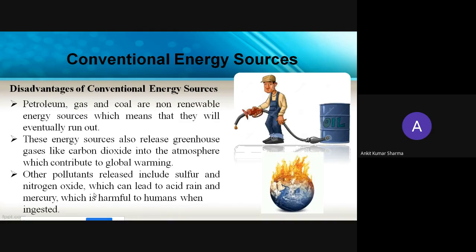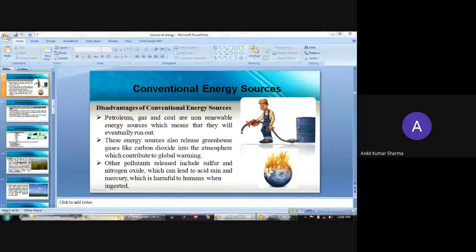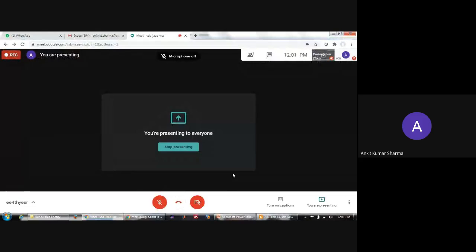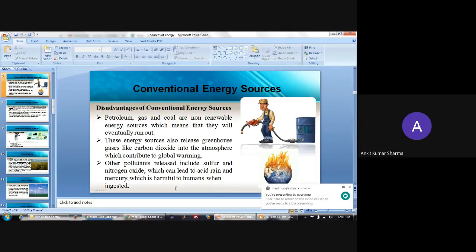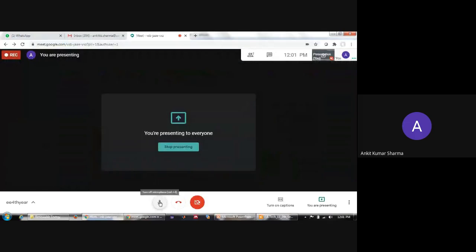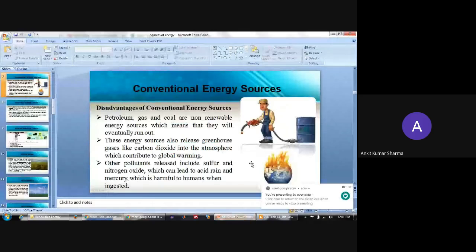That means they are finite in nature. They are not in abundant form in nature.